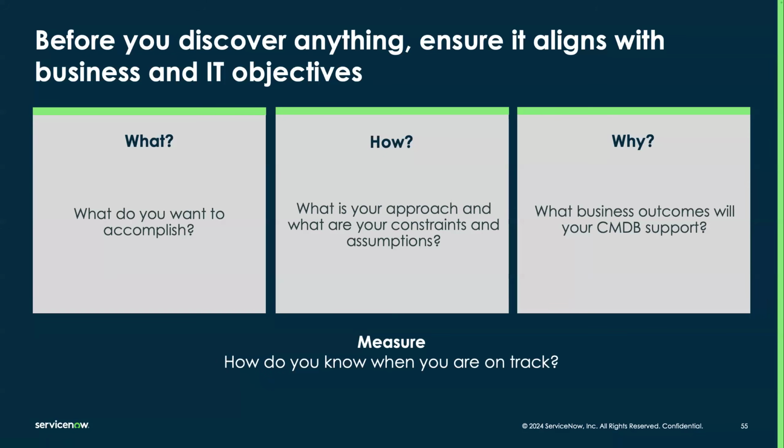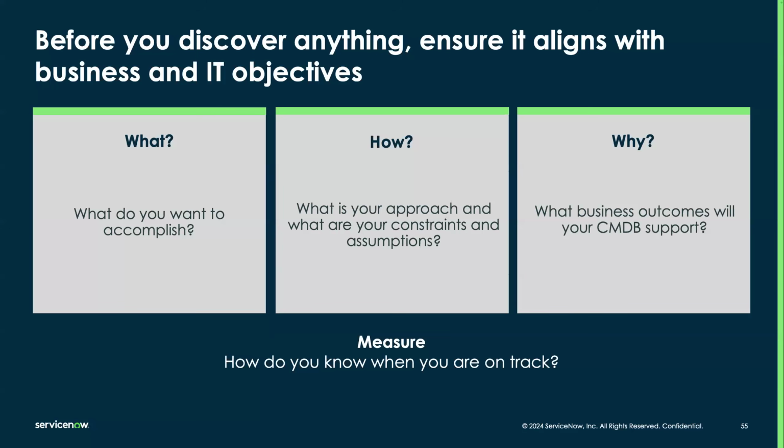So before you actually go and discover anything, you need to ask yourself these questions. What do you want to accomplish? And again, use cases. How do you want to accomplish it, in terms of the sort of architectural decisions, right? There are different approaches that you can go for, but what are your favorites after having chosen the different use cases you would like to cover?